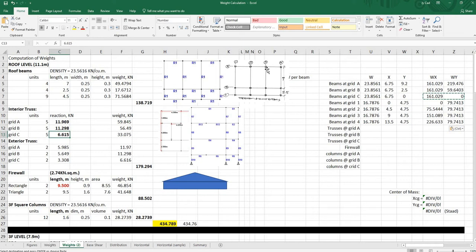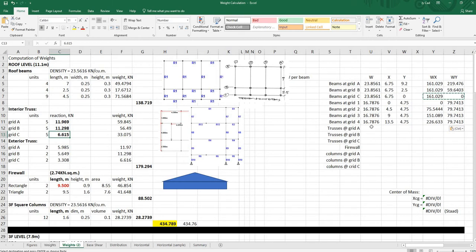Sa grid A, we have 1, 2, 3, 4, 5 interior trusses, tsaka 2 exterior trusses. Okay?